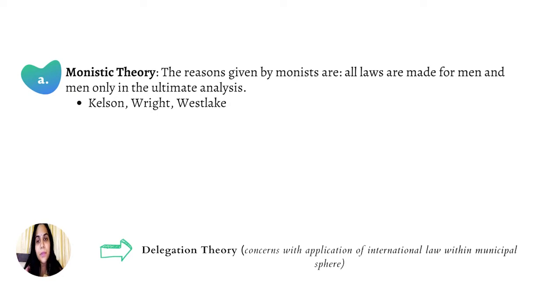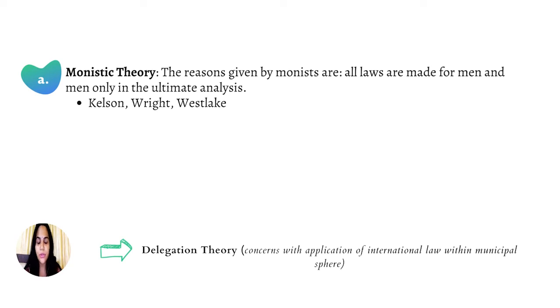What is this? According to this, both systems, international law and municipal law, have their origin from one universal legal system serving the needs of the human community in one way or the other. So international law and municipal rules are aspects of the same phenomenon. They are derived from the same legal system.